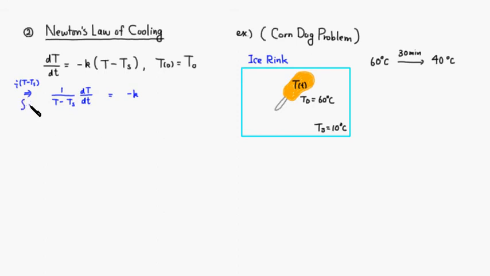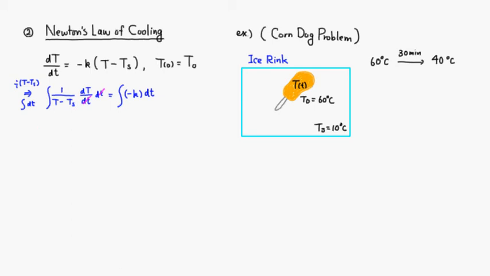Then we can take the integral of both sides with respect to t. We can cancel dt on top and dt on the bottom.